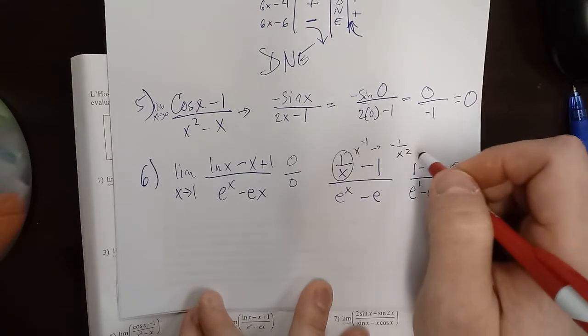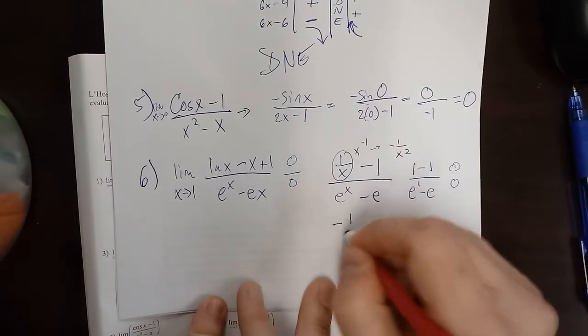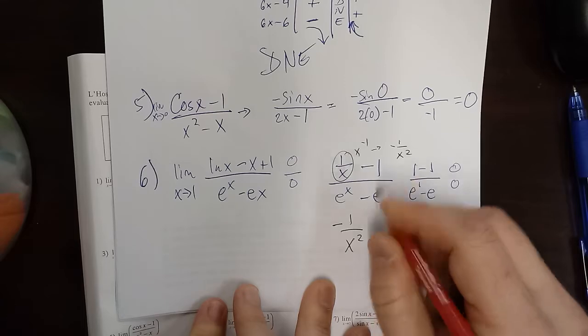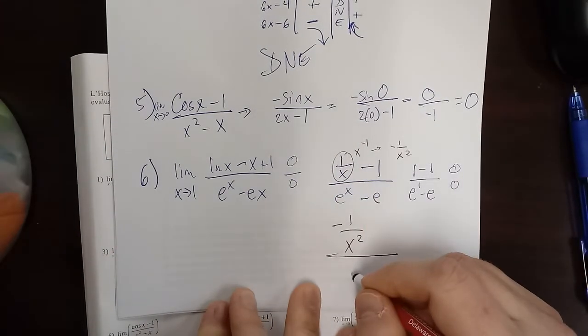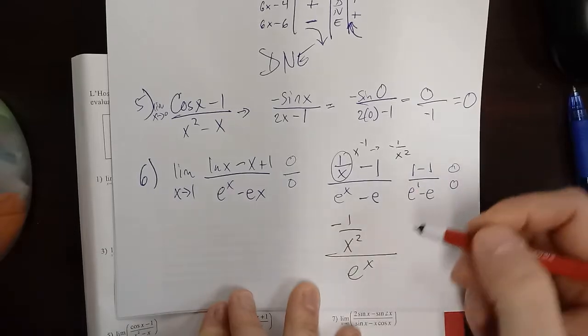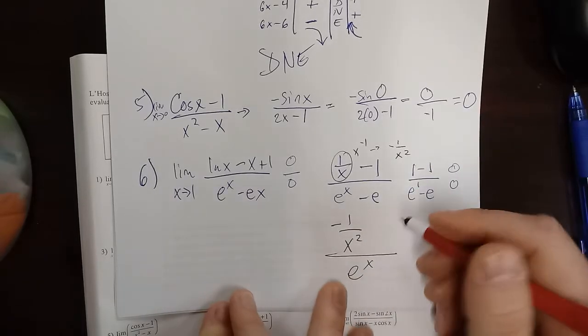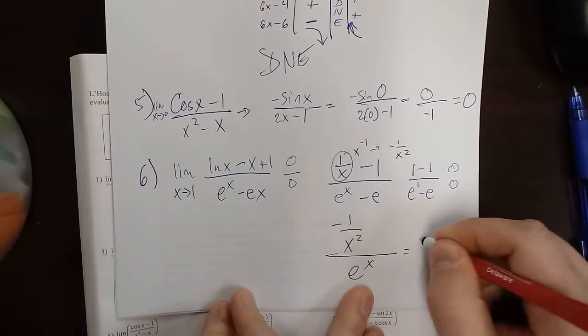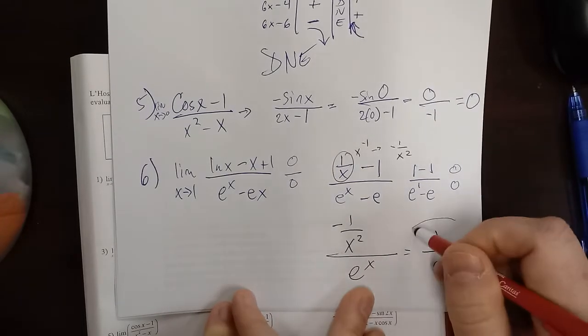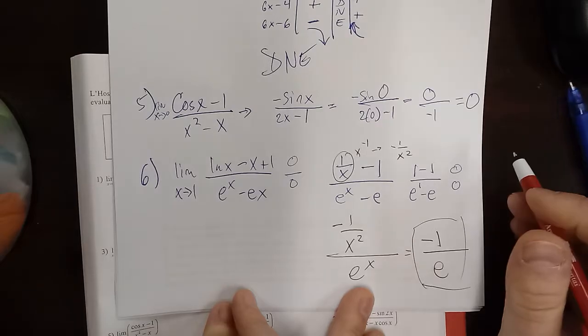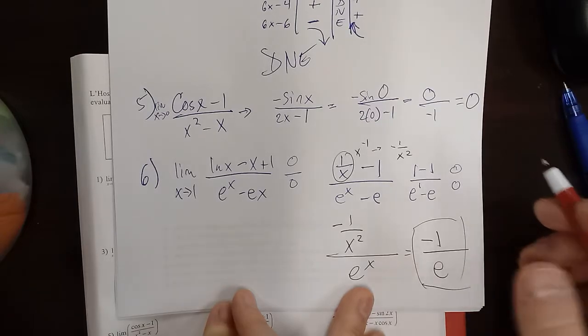So I'm going to have negative 1 over x squared, that 1 goes away. And then on the bottom, we have e to the x. Then the e dies. So now that we have that, we can plug in the 1 again and get negative 1 over 1, and then e to the 1. So we get negative 1 over e is our answer. So cool.